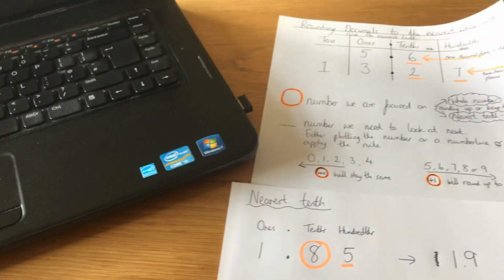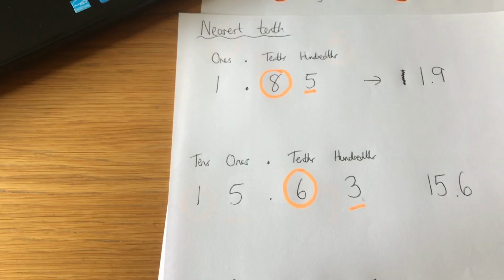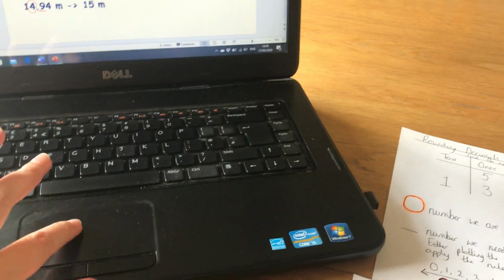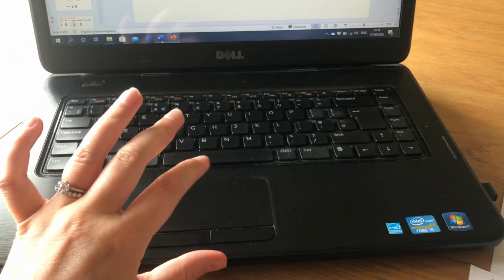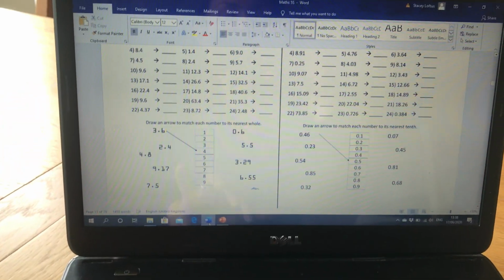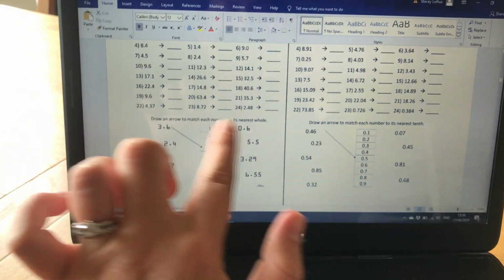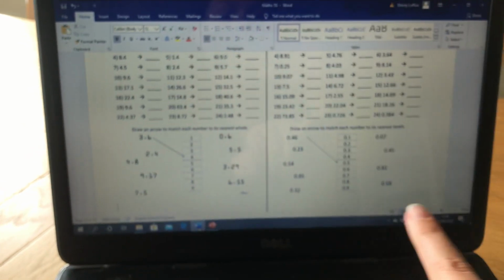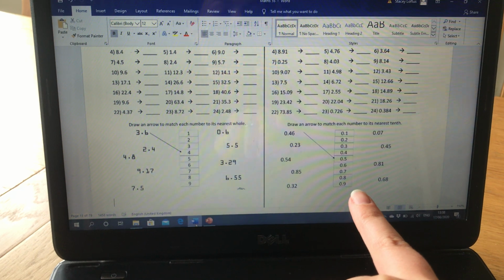Okay, and again, you've got lots of questions like that in your home learning pack. So if I go back to your home learning pack, you've got a number of questions on there, all asking you to round to the nearest whole number on this side, and you're rounding to the nearest tenth on this side.